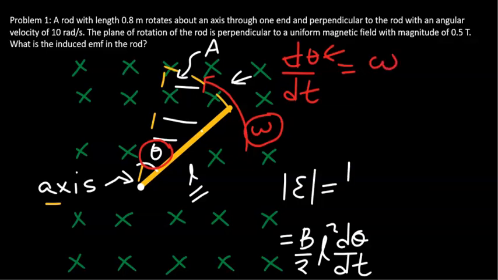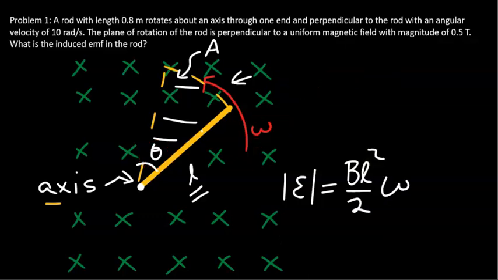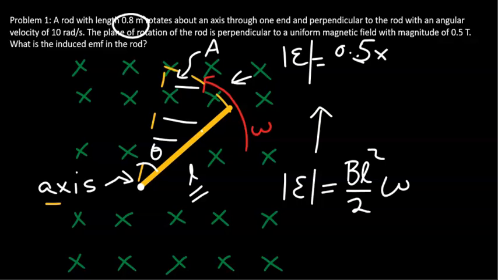So the expression for the EMF generated will become B L squared over 2 omega. We know the magnitude of the magnetic field, which is 0.5. The length of the rod is given by that 0.8 meter, don't forget to square it, over 2, and omega is 10 radian per second.